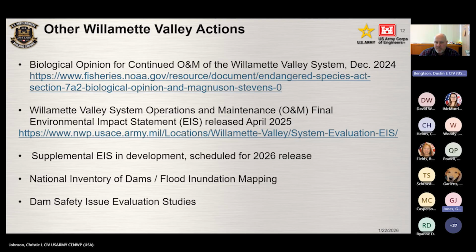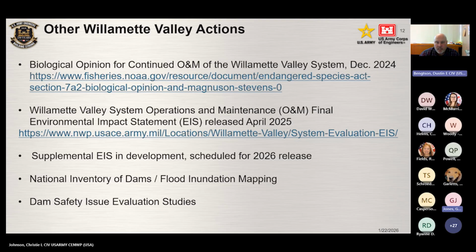Something else I would draw people's attention to, and I think everybody should be familiar because many of us live downstream of these dams, is a tool called the National Inventory of Dams. That is a nationwide effort to make more visible or accessible information on flood inundation risks and the condition of our facilities to people that plan for emergencies or live downstream.